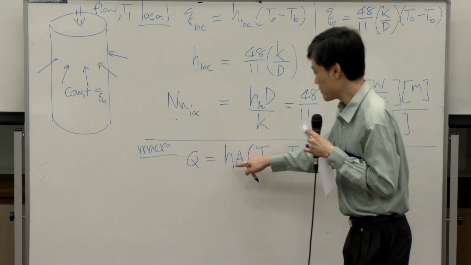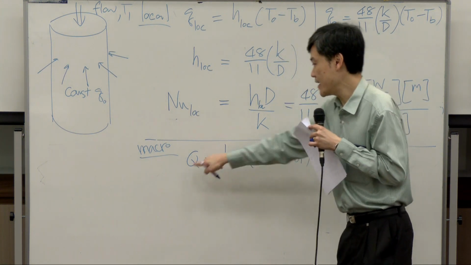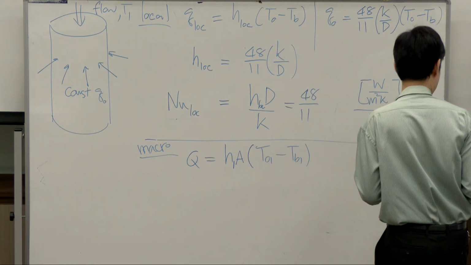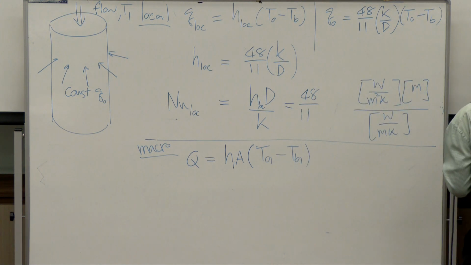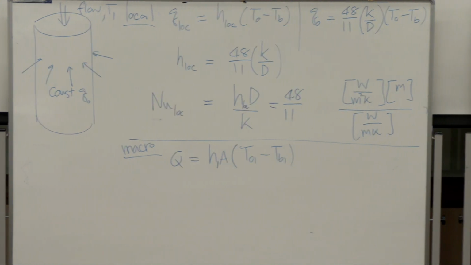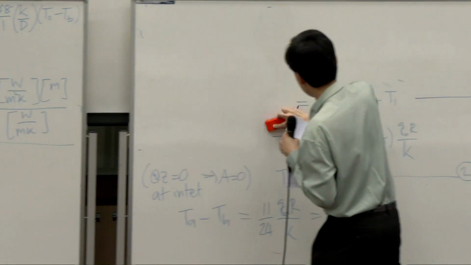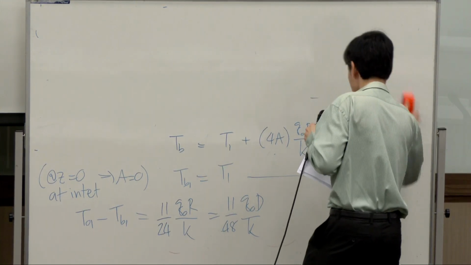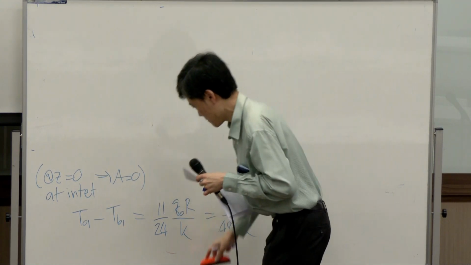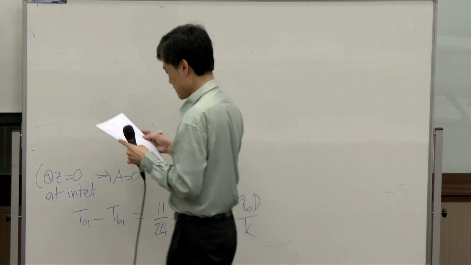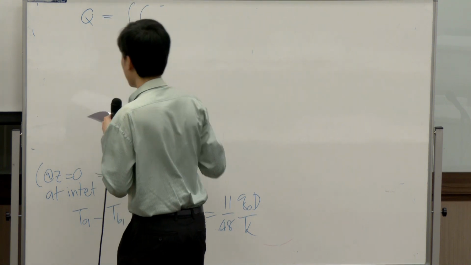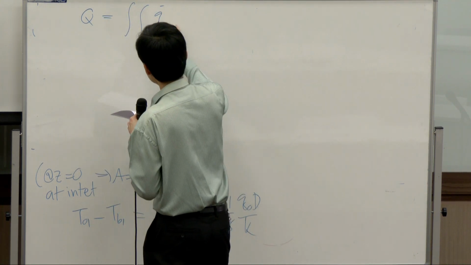So in order to get this H1, I need to know Q. How do I get Q? Let me erase this part. In order to get Q, basically it is a double integration of the local flux.